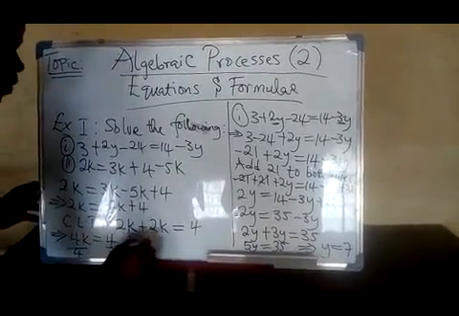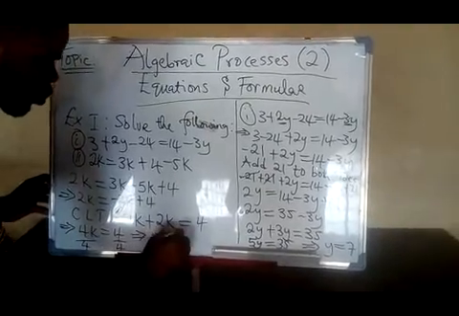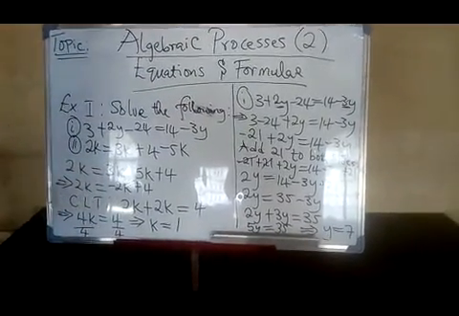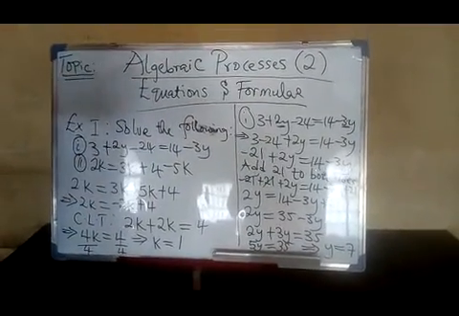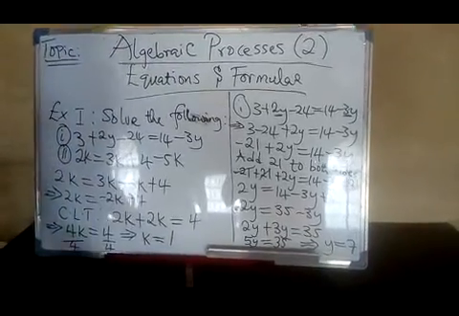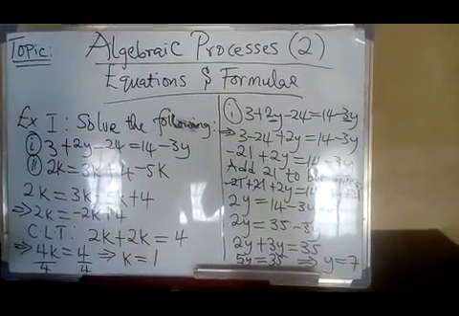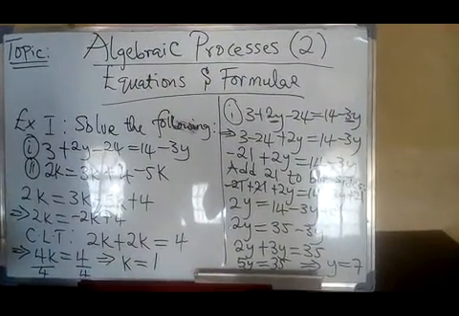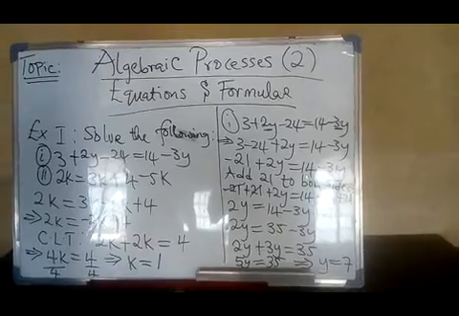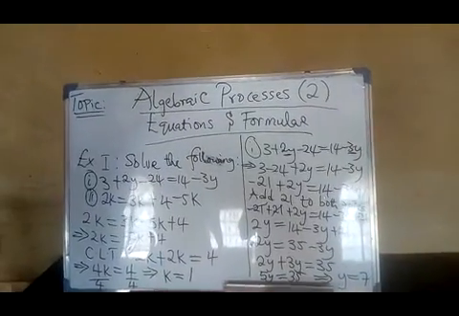We are going to now have k equals 1. I know that this is quite refreshing for you from most of the work you've done in your junior secondary school days. But we'll move on because we are restricted for time.